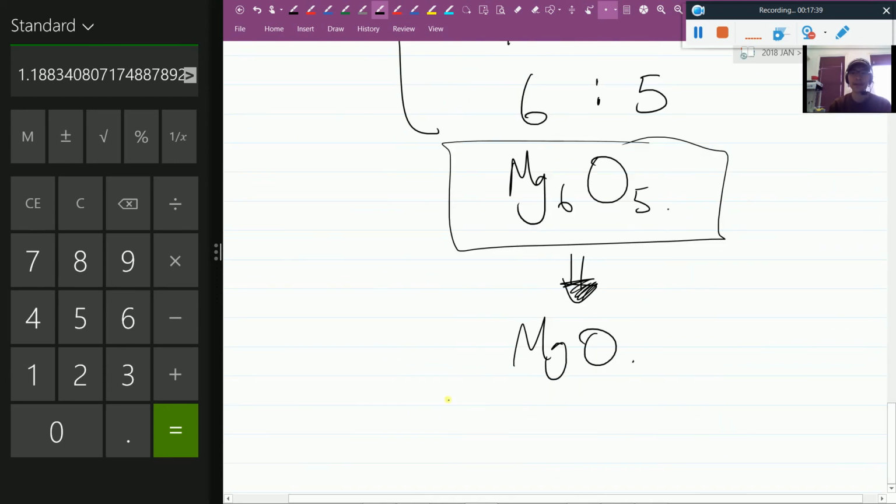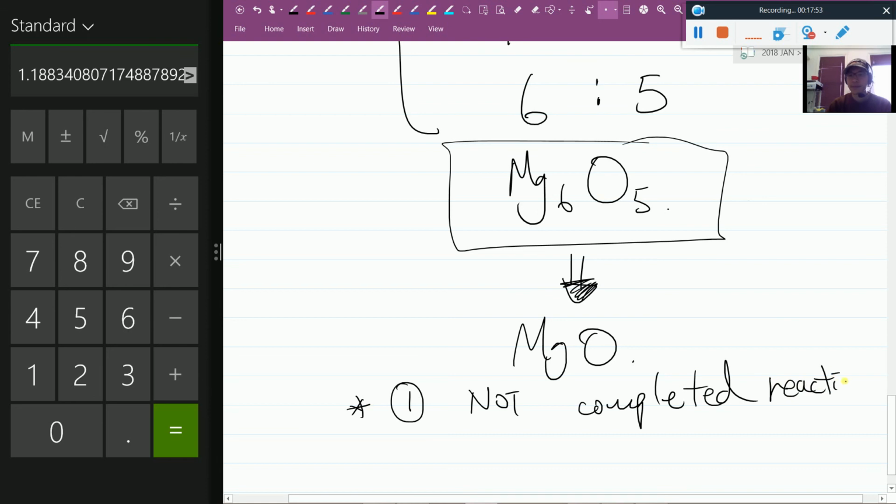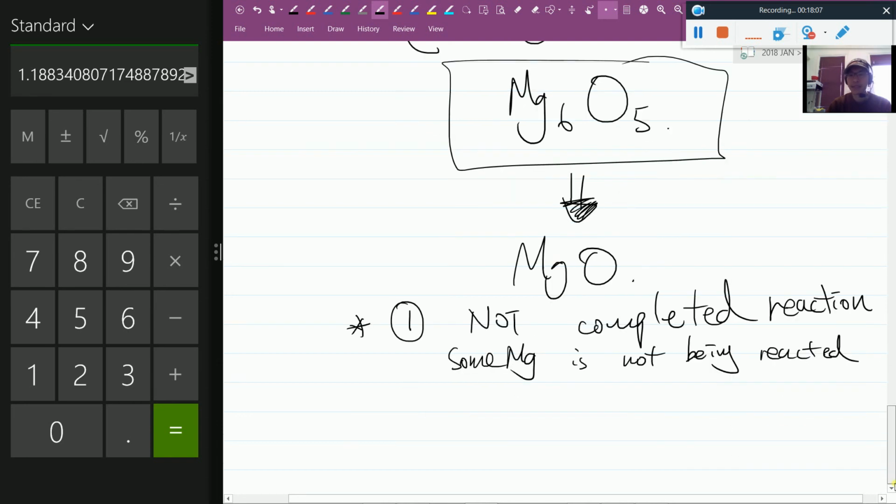What we have discussed in class basically means there are 2 reasons. Reason one is that there was not complete reaction. Some magnesium is not reacted and is still there as magnesium, so not enough oxygen went into it. The other reason is that magnesium metal would react with nitrogen gas.